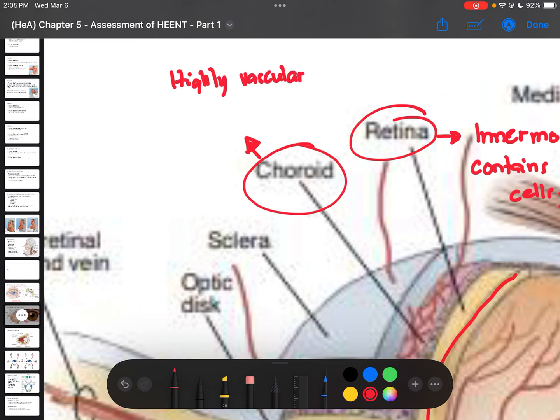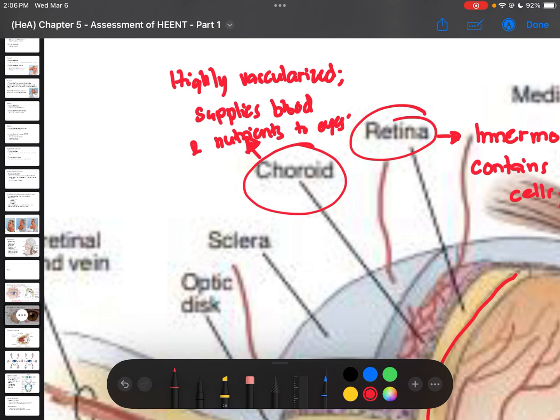This is the one that gives our conjunctiva its red color. The reason for that is because the choroid is the one that supplies blood and nutrients to the eyes.